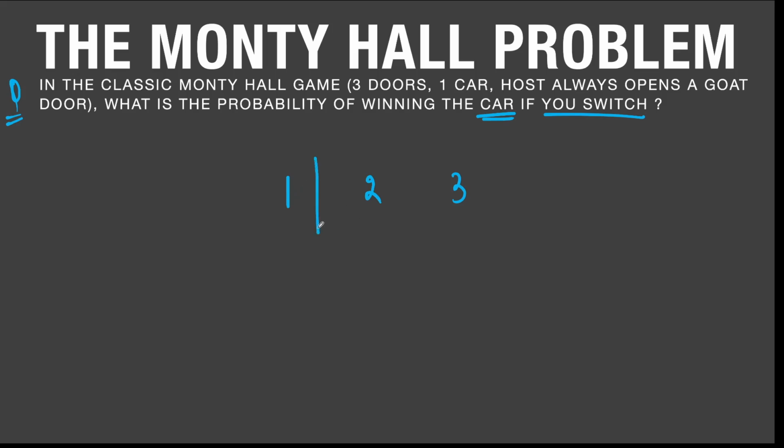Let's assume the first door was your choice. The probability of getting a car over here is 1 by 3. Doors 2 and 3 remain unopened. The joint probability of getting a car here is 2 by 3.